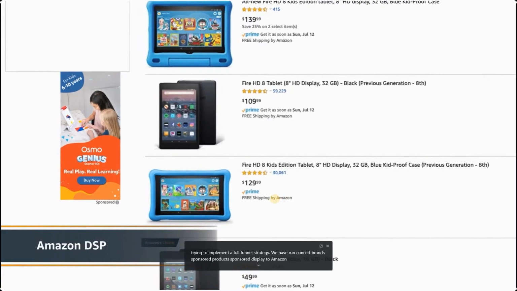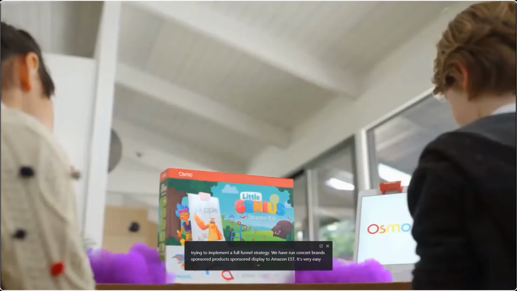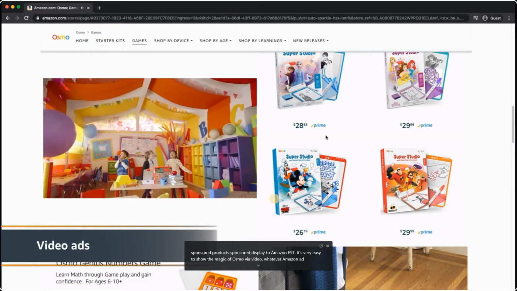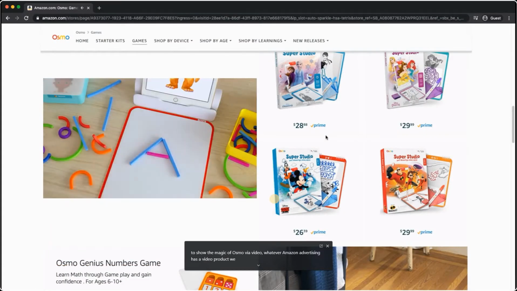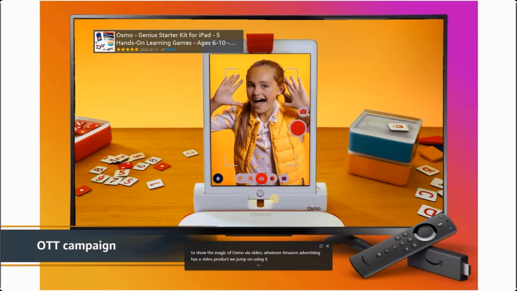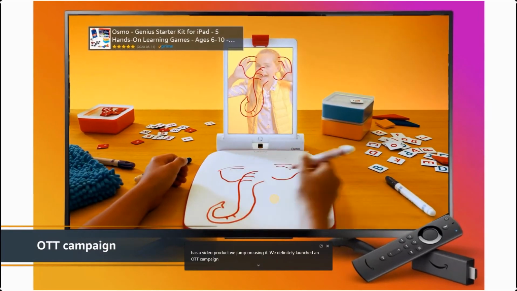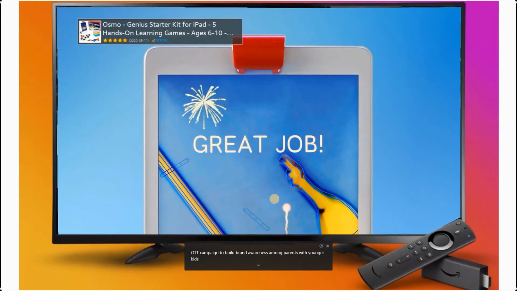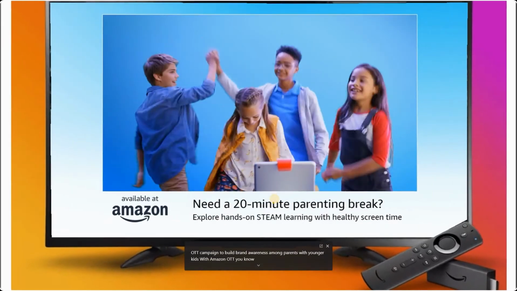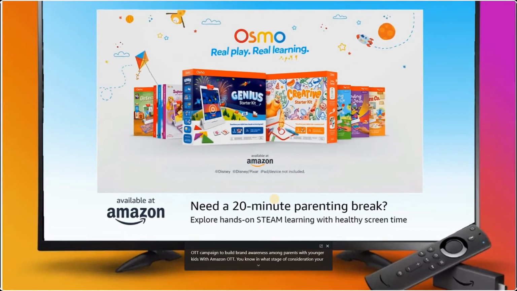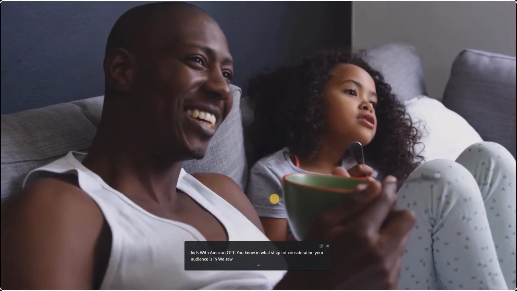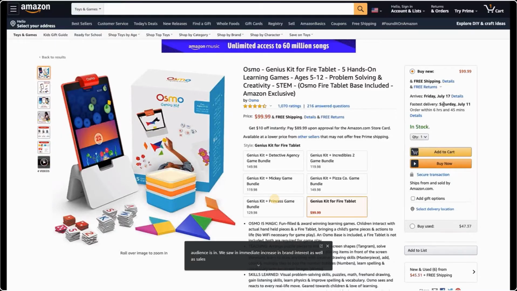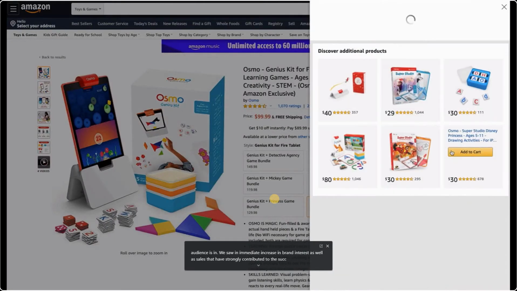To Amazon DSP. It's very easy to show the magic of Osmo via video. Whenever Amazon Advertising has a video product, we jump on using it. We recently launched an OTT campaign to build brand awareness among parents with younger kids. With Amazon OTT, you know in what stage of consideration your audience is in. We saw an immediate increase in brand interest as well as sales that have strongly contributed to the success of Osmo on Amazon.